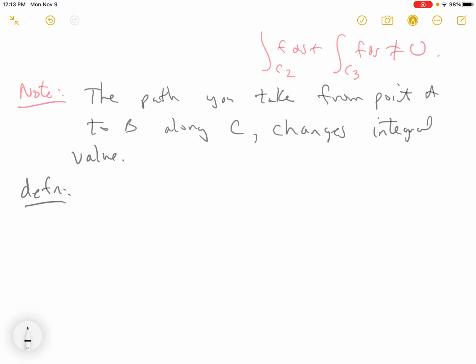So, definition: let F be a vector field.